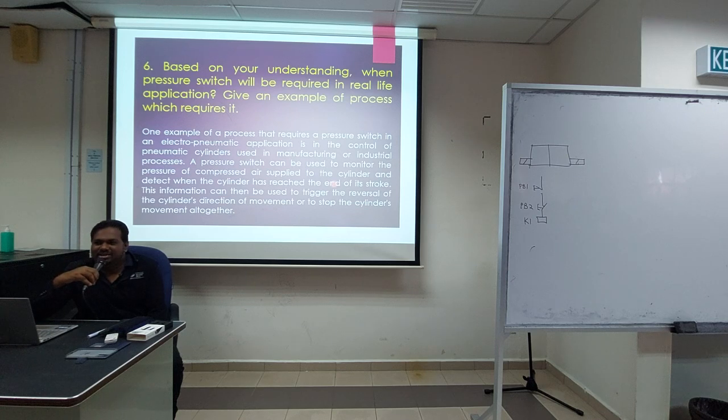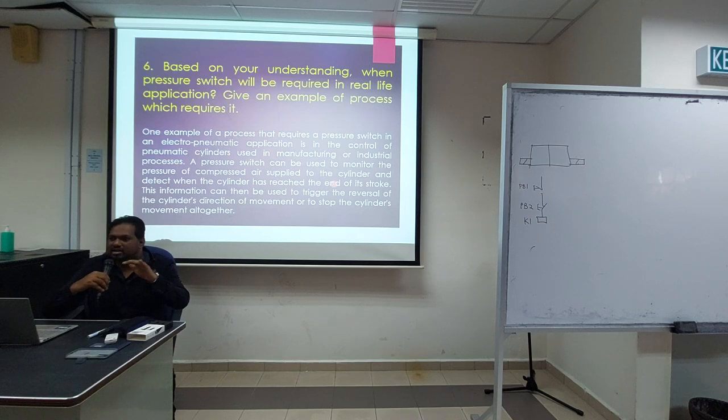Okay, so pressure switch, tak apalah saya bagi answer. Pressure switch apa yang dia akan buat? Apabila certain pressure is achieved, then the switch akan on lah. Dia akan hantar signal untuk on the switch. Kalau certain pressure, let's say 10 bar ataupun 20 bar is the minimum threshold.